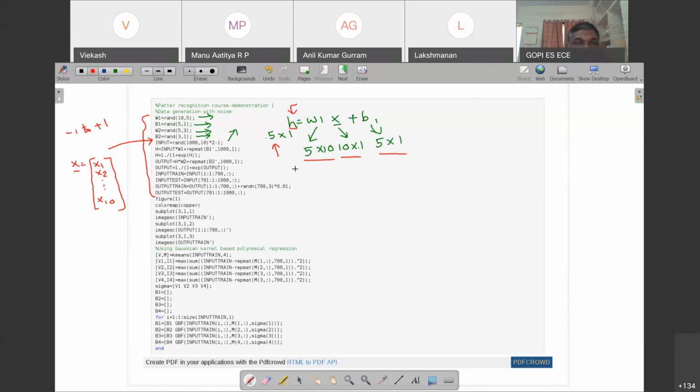In the second stage, to get the output you are going to use W2 into this H, whatever you got in the intermediate stage. I use this as a subscript, W2 H.